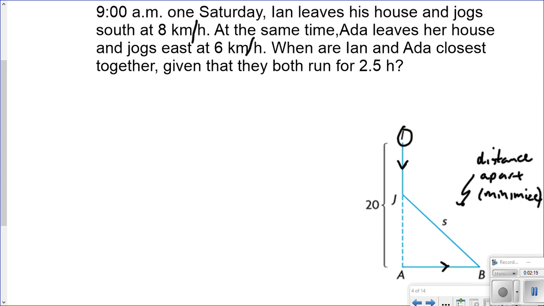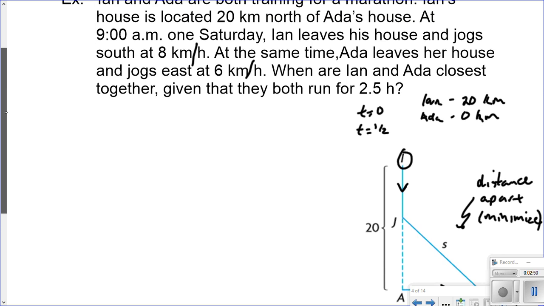At the beginning, at 9 a.m., I'm going to let t equal 0. Ian would be 20 kilometers away, and Ada would be at 0 kilometers in her trip. Let's do the halfway mark, so t would equal a half. This is just establishing a basis. At 9:30, they've traveled for half an hour, and Ian goes at 8 kilometers an hour.